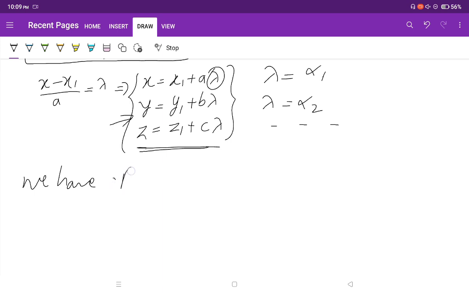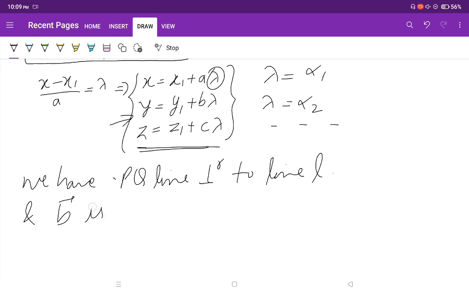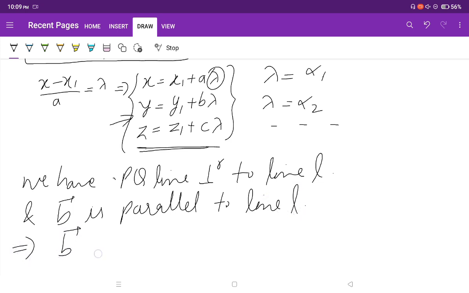We have line PQ perpendicular to line L, right? And we know that b vector is parallel to line L, which implies that b vector is perpendicular to line PQ, right?